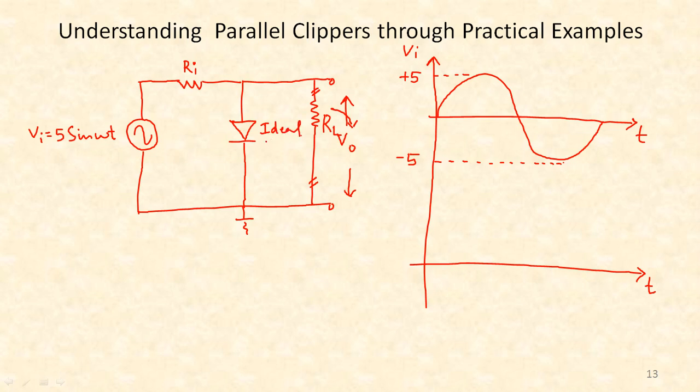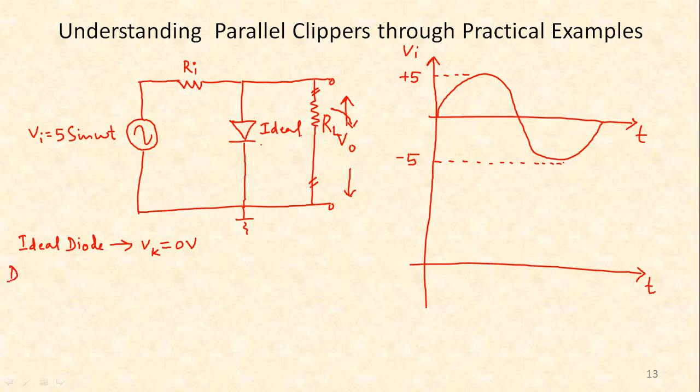Please understand, whenever I say the diode is ideal, what should be the cut-in voltage, students? If the diode is ideal, then the knee voltage or the cut-in voltage is 0 volts. Yes, exactly. There is absolutely no drop across the diode.